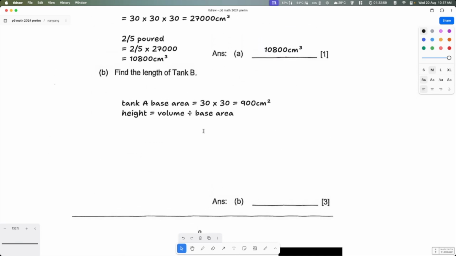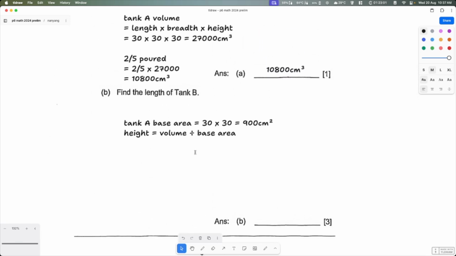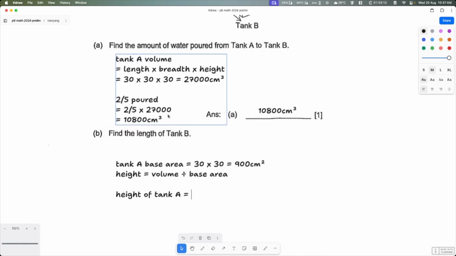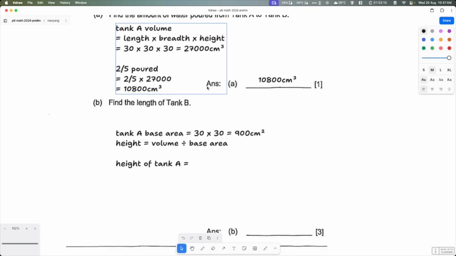After 2/5 is poured, the height of tank A is actually just 3/5.